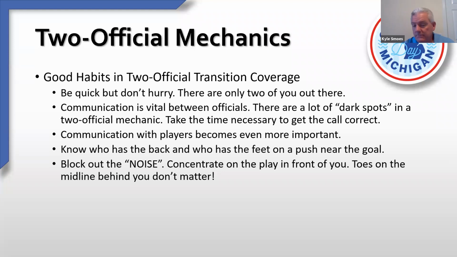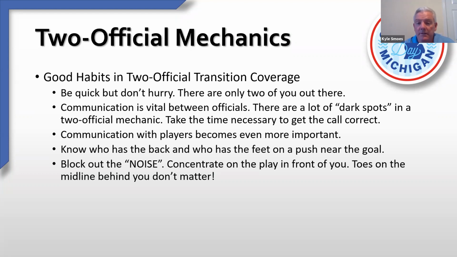And that coach will yell until he's blue in the face that you had an offsides, and you may have. It may have went over. In that instance, it had no bearing on the play. There's no advantage gained in that situation by that player having a half a step over the midline. Yes, that is a foul. But just know in a 2-man, don't beat yourself up too much on that. We're counting forward and we're watching the play that's in front of us. And there's going to be things that happen behind us.